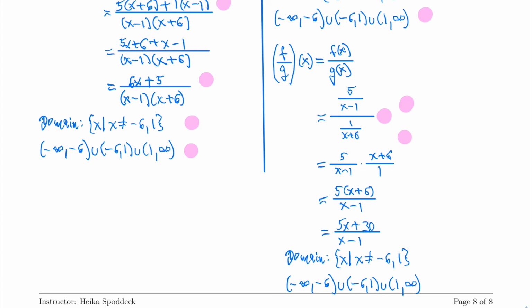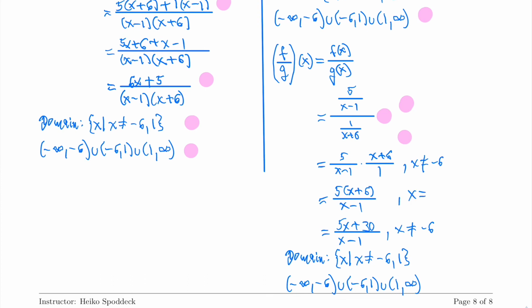However, I cannot see that anymore in my final answer, and because of that I need to write that in explicitly, that x at this point must not be negative 6. So I'll write that in my final answer, and technically we should already be writing that over here, because already at this point we cannot see anymore that x must not be negative 6.